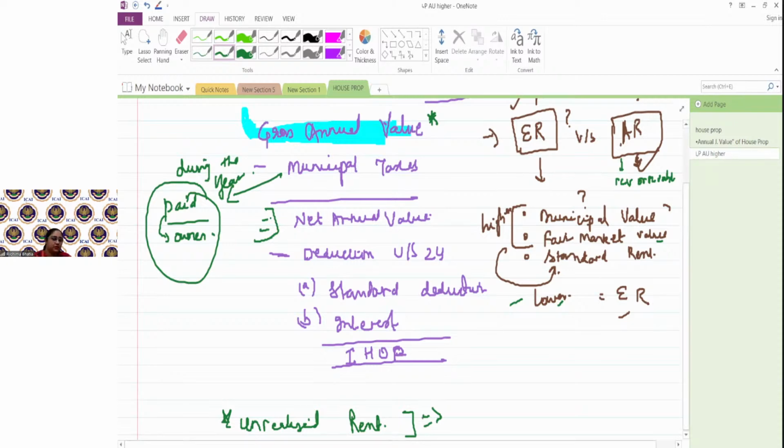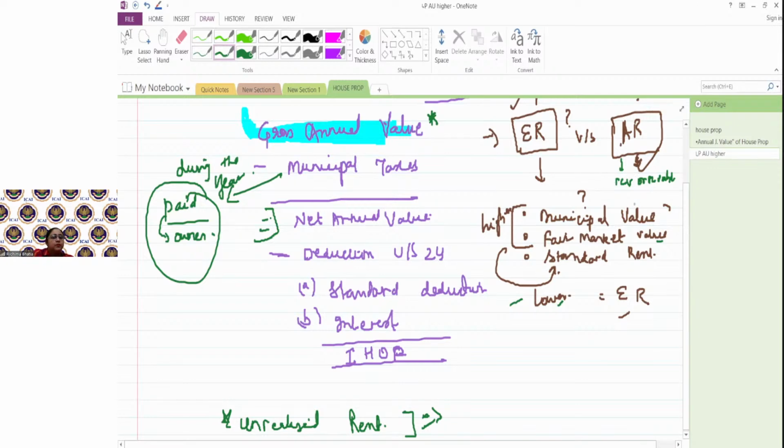That is unrealized. Delay in payment or rent will be received after some time is not unrealized rent. Unrealized rent is when I have done all my legal options which were available to recover it, and prima facie for the time being it seems not recoverable. That is unrealized rent.